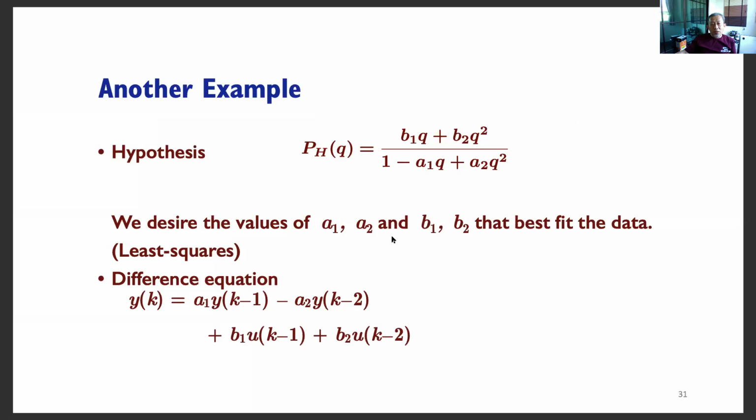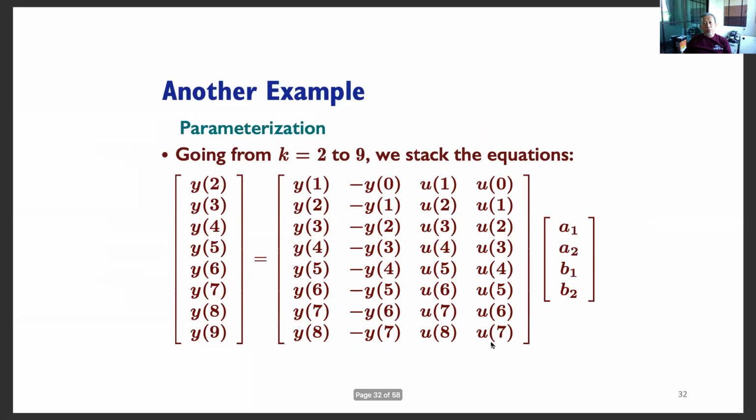We derive these values using least square. The difference equation for the second order system is y k equals minus A1 y k minus 1, minus A2 y k minus 2, plus B1 u k minus 1 plus B2 u k minus 2.